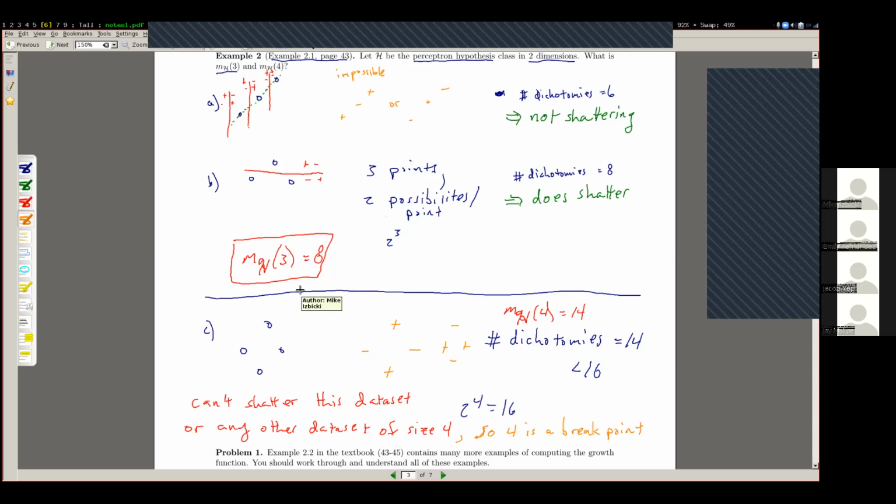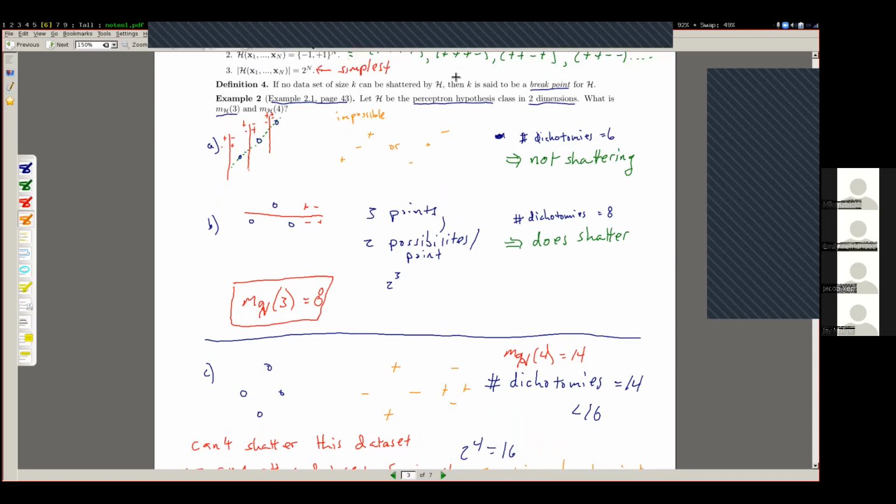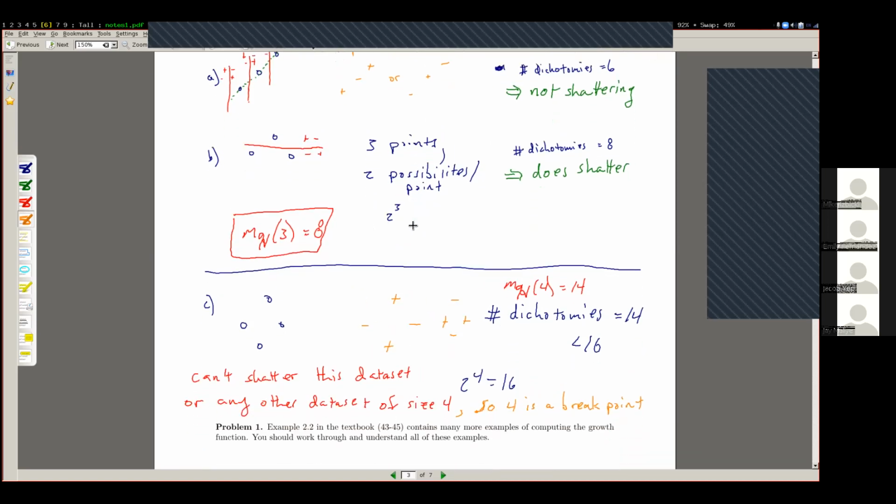In general, if you had a d-dimensional hypothesis, then you can shatter data sets of size d. But shattering depends both on your particular hypothesis and your particular data set. Question?